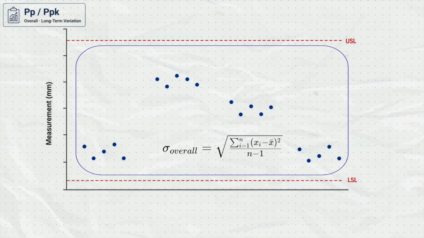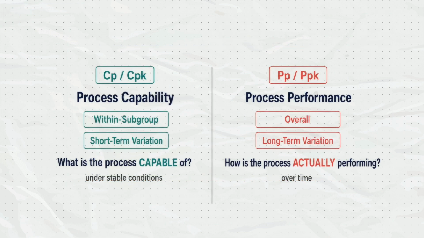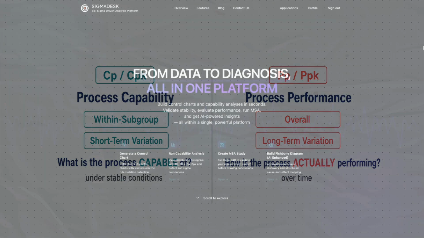The calculated variation includes all real-world sources of process variation, such as different shifts, different operators, raw material lot variation, machine setup adjustments, and environmental changes. In other words, process capability measures the potential performance of a stable process, while process performance measures the actual performance experienced in production over time. And that's really the fundamental difference between process capability and process performance.